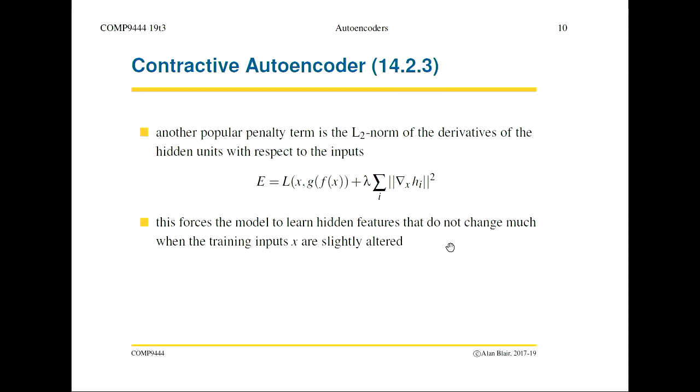So this grad x of h_i is the gradient of each hidden unit with respect to changes in the input, and we can calculate the norm of that, and we can try to penalize if that gets too large. We add that as a penalty term with some lambda, and what this does is it forces the network model to learn hidden features that don't change much when the inputs are slightly altered.